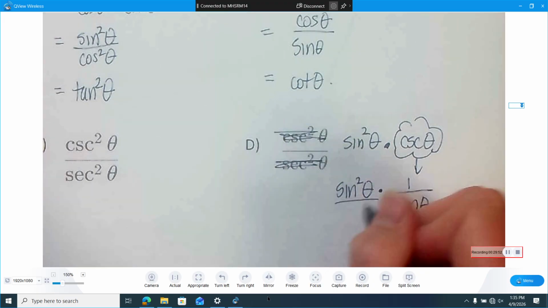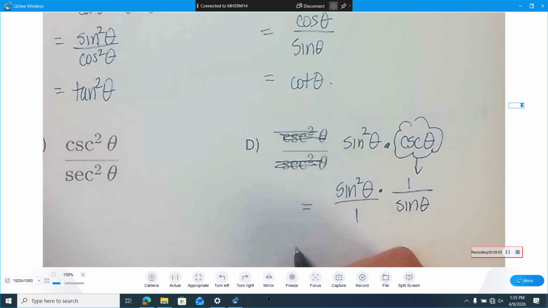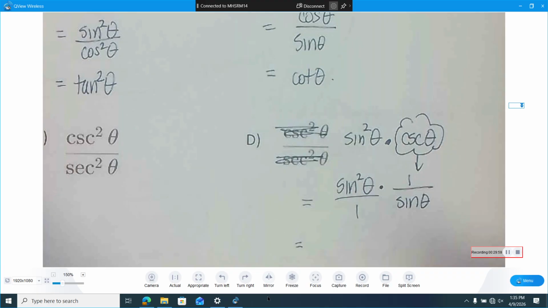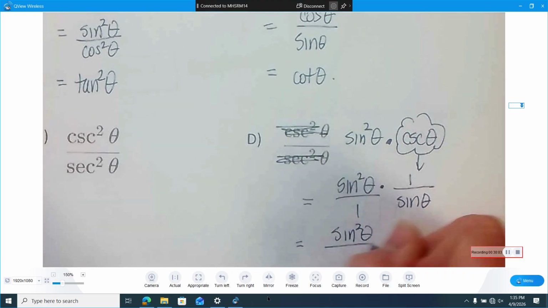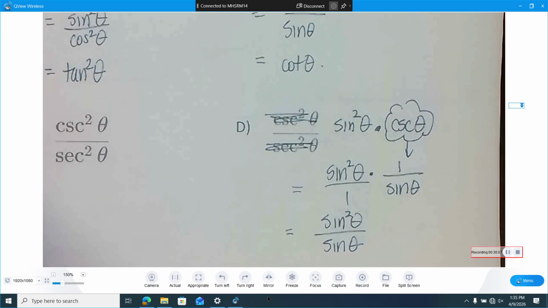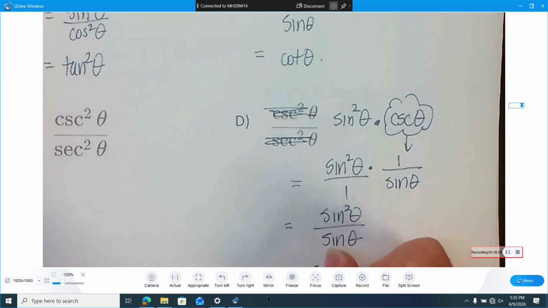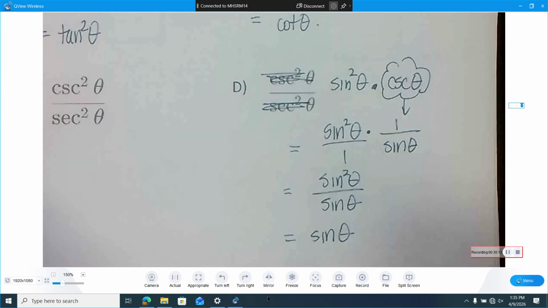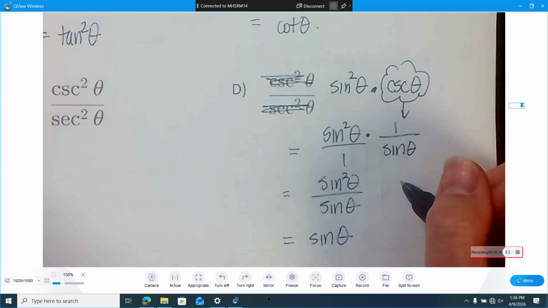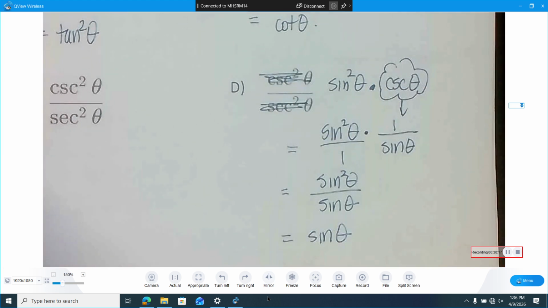Good. And again, we're going to multiply our fractions straight across. So what do I get in the numerator? Sine squared theta over sine theta. And what does that simplify to? It's just sine theta. You think about it as sine theta times sine theta. One of them is going to cancel out. So that's it. Okay? You good?